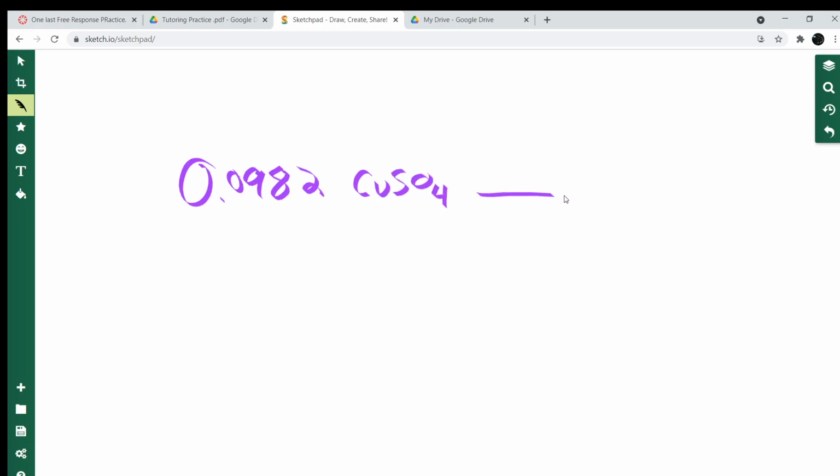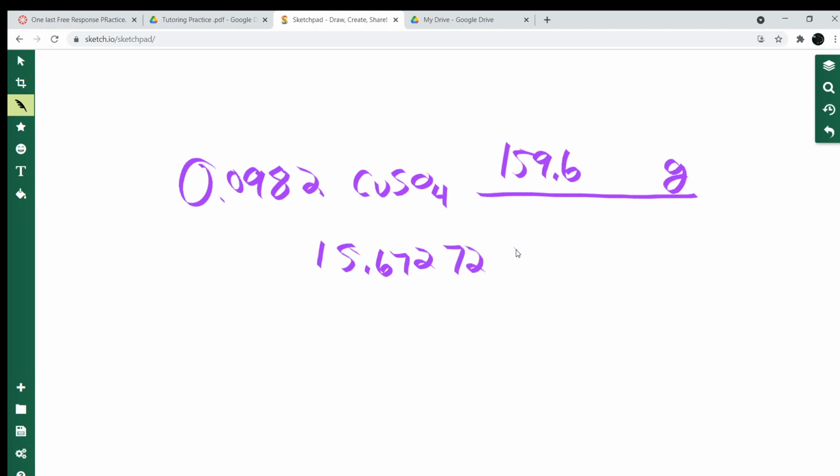It wants us to find the mass, so we're going to put grams on top. We'll find the molar mass for copper sulfate, which we already know how to do, multiply these two together, and we should end up getting 15.672 grams of copper sulfate, CuSO4.